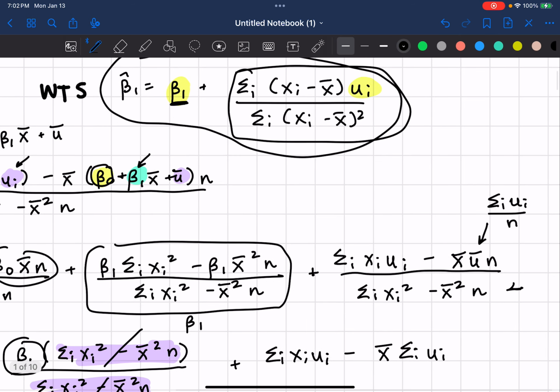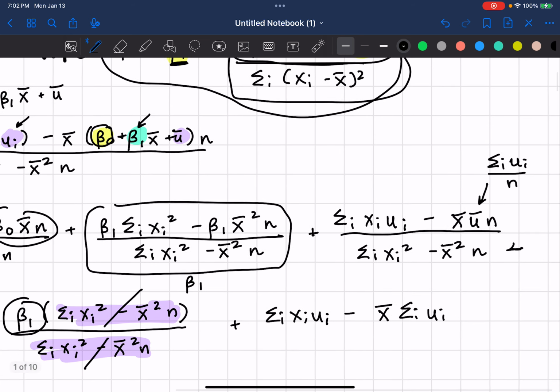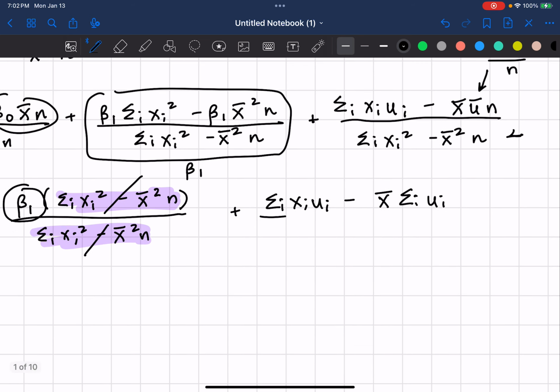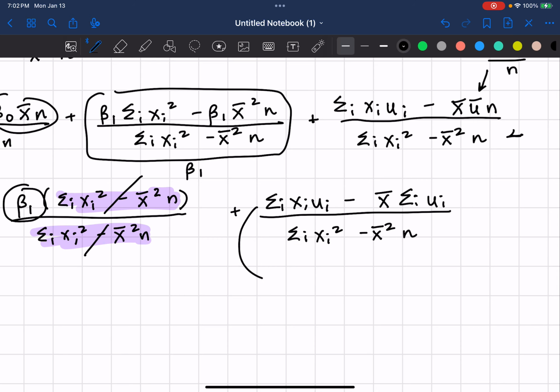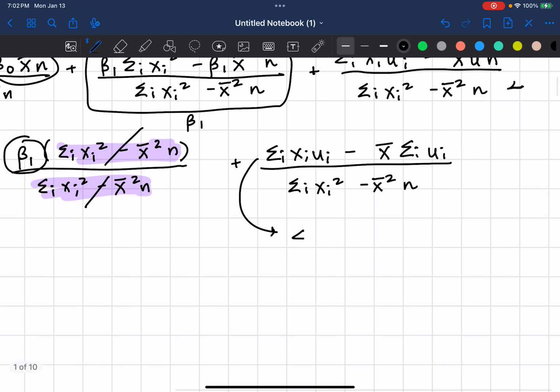And what I want is this in the numerator. And we're really close. I can put them all under the same sum. So I want to work on the numerator here. I'm going to put them all under the same sum, and I get sum I xi ui minus x bar ui. There are parentheses there.